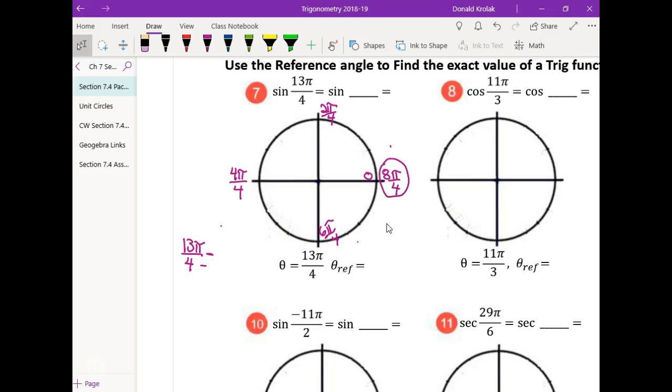We use an alias, 8 pi over 4. That gets us to 6 pi over 4. No, it doesn't. Let's try it again. 5 pi over 4. So that's my reference angle.